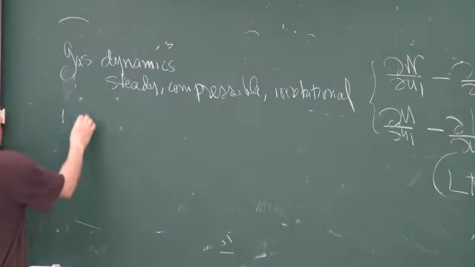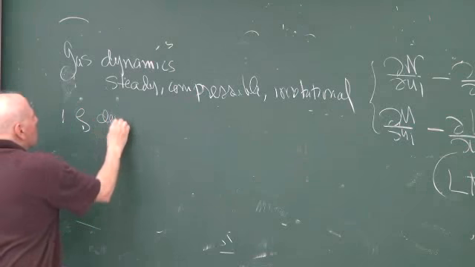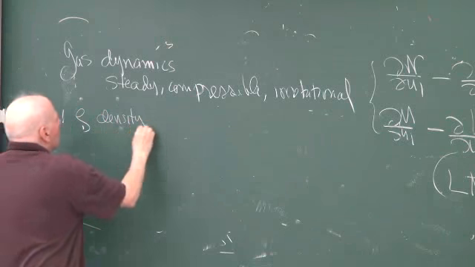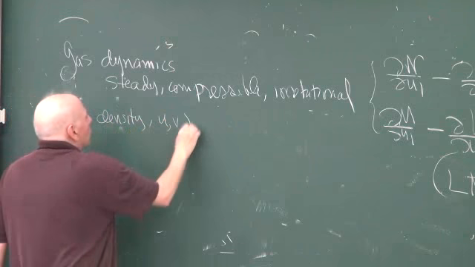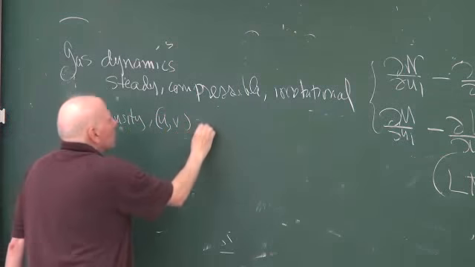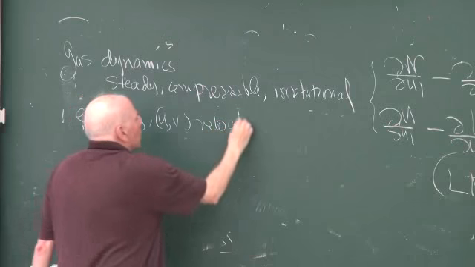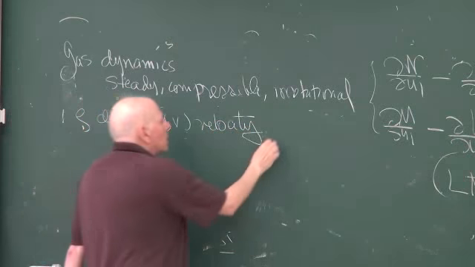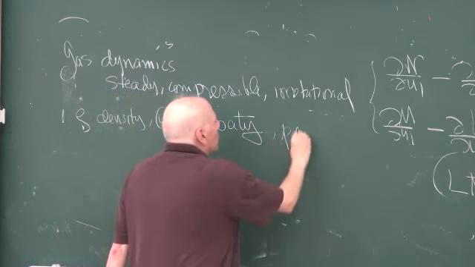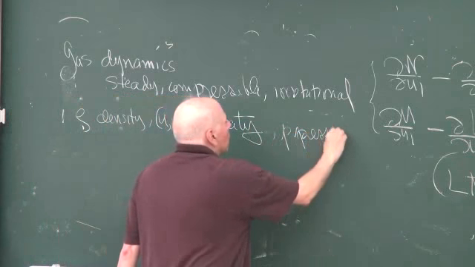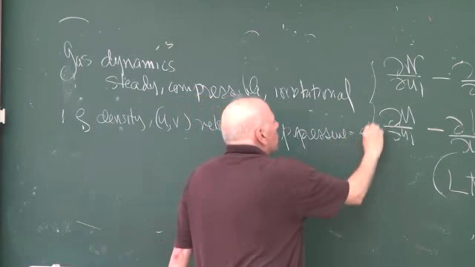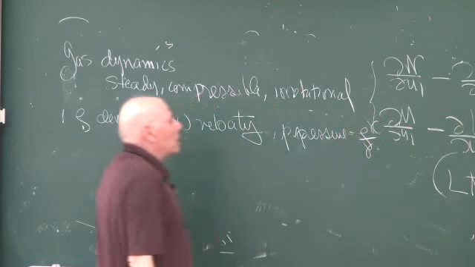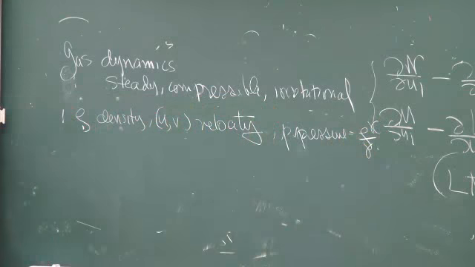So if I write rho is the density of the gas, (u, v) is the velocity of the gas. And then I need the pressure in the gas, which, for a compressible gas, the standard one is rho to the gamma over gamma, where gamma is a number greater than or equal to 1.